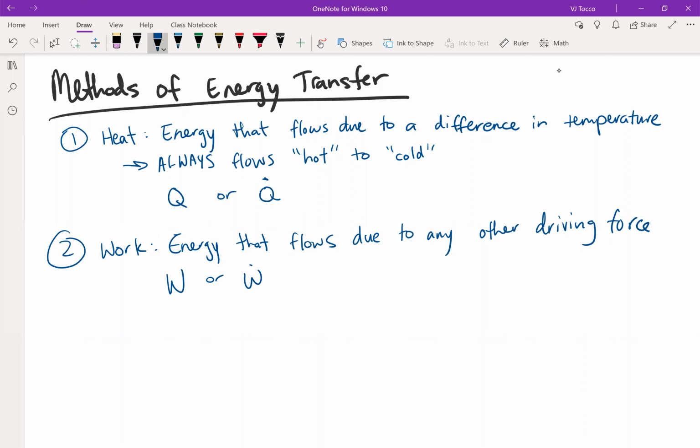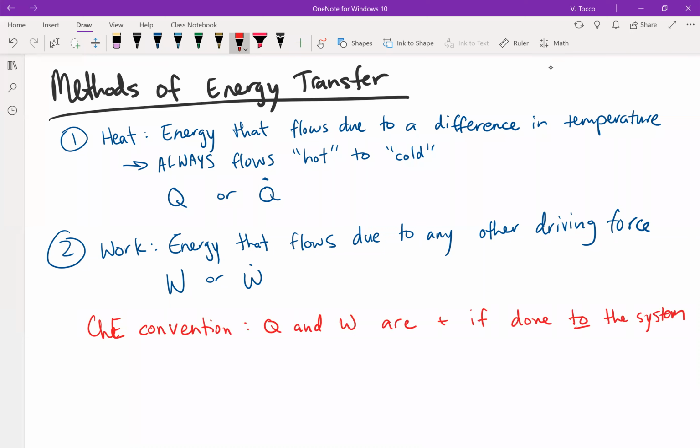So to close out this video, I just want to mention the convention that we'll have as chemical engineers. So the ChE convention is that heat and work are positive if they are done to the system. So the convention is Q and W are positive if done to the system.